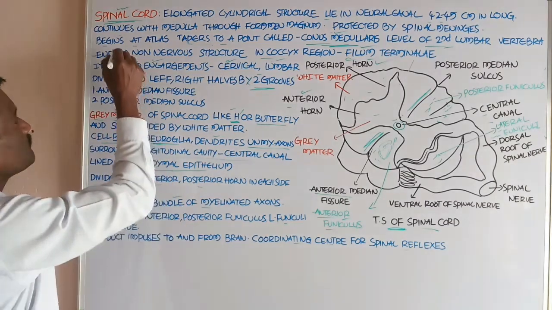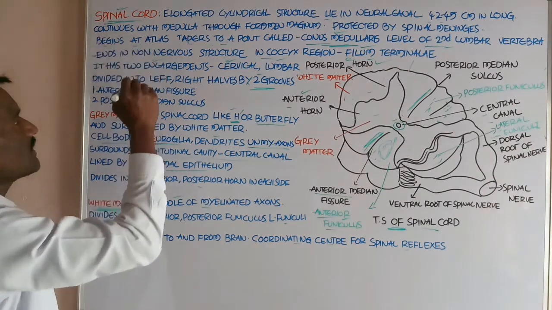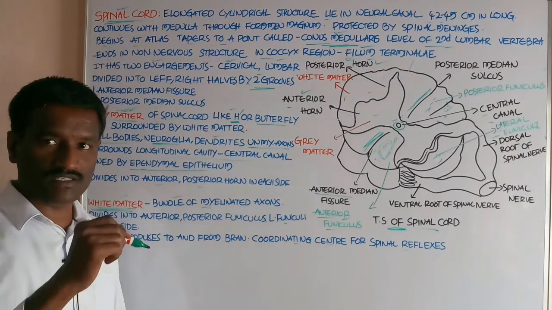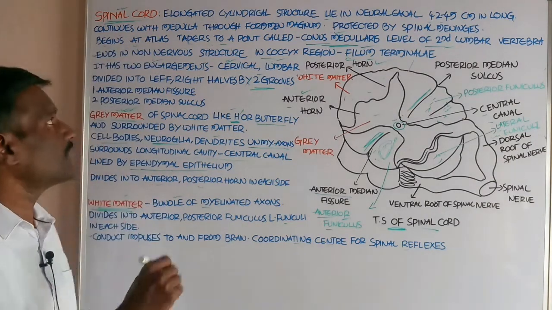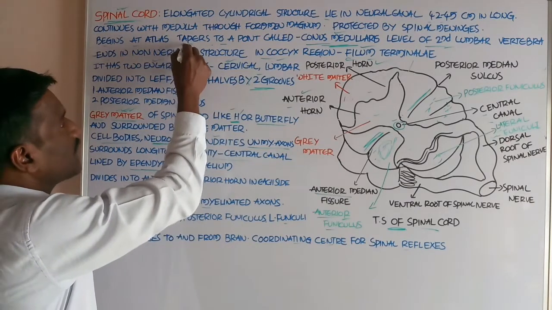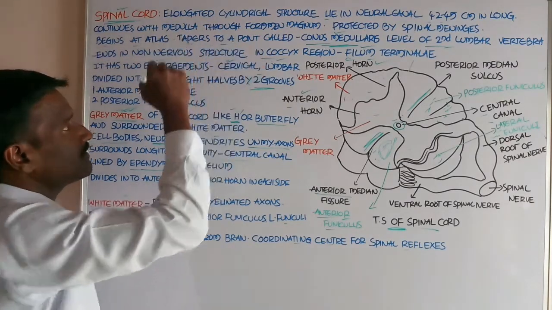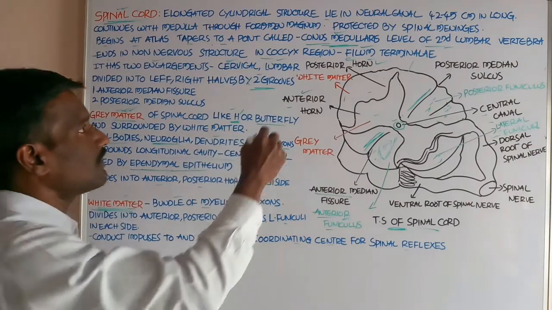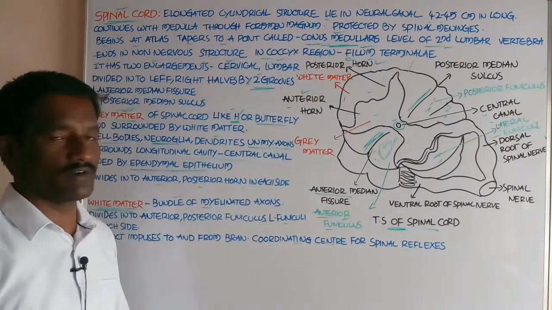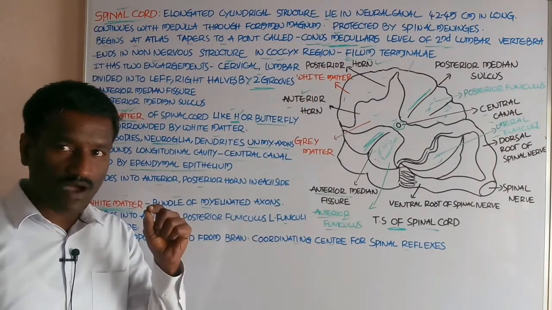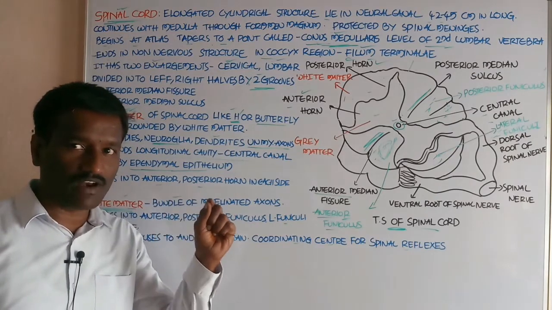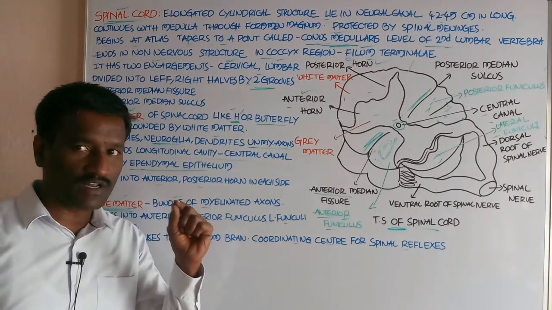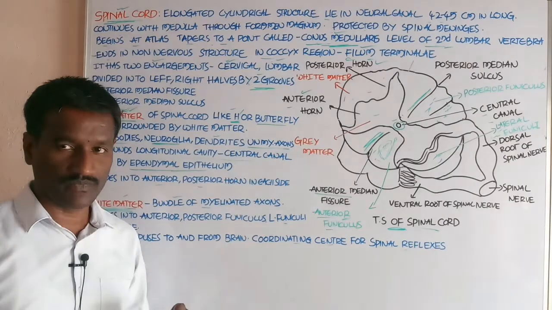It begins at the region of the atlas, the first vertebra of the vertebral column, and it ends with a point-like arrangement called the conus medullaris. The conus medullaris is at the level of the second lumbar vertebra in the vertebral column.